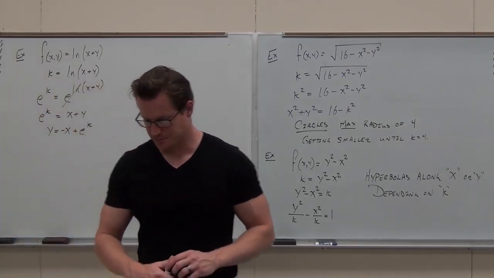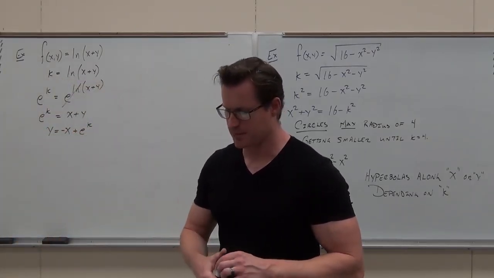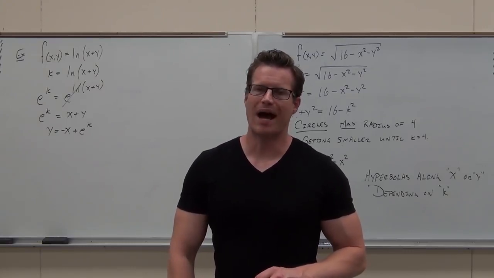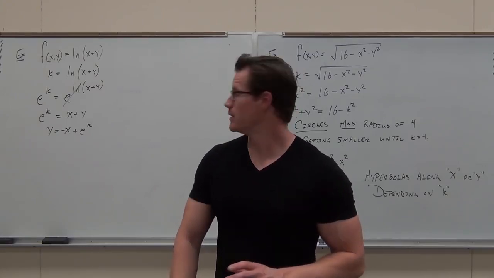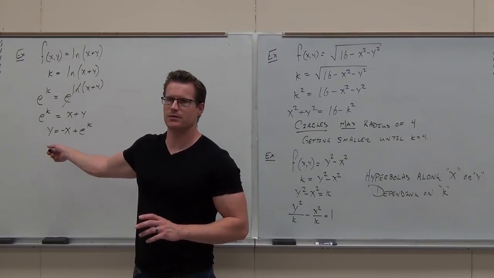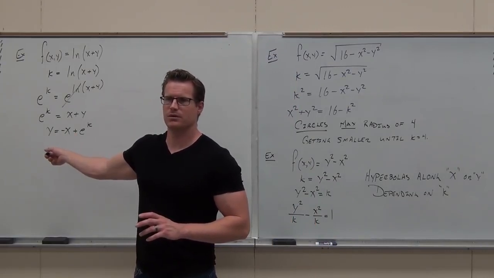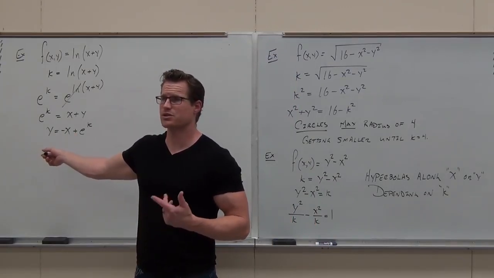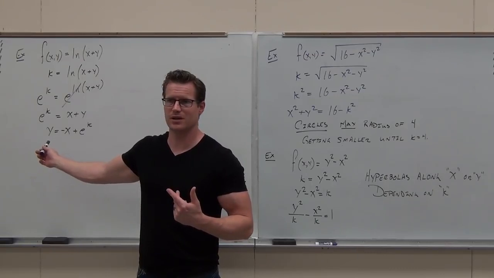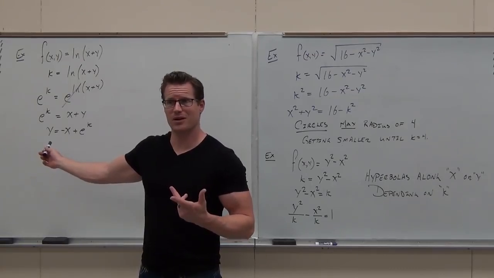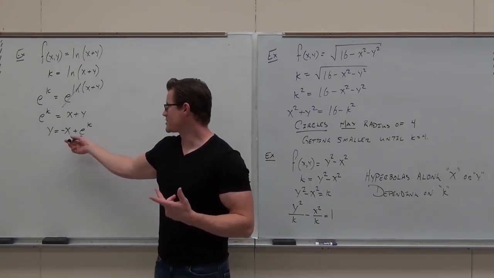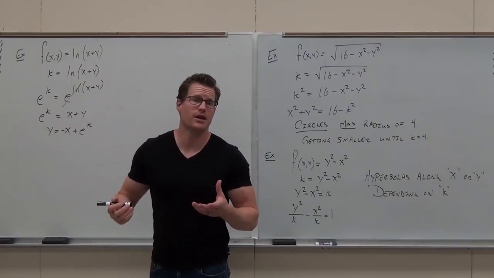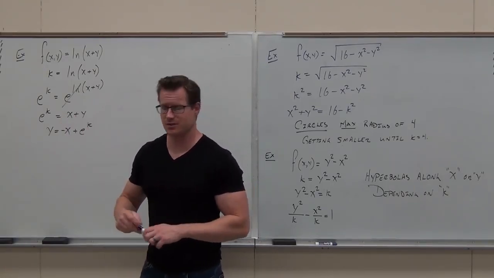Yeah, that's better. Negative x plus e to the k. This is going to be wacky here, but what are these? Do you know what those are? So lines. What's the slope of all of that? Those are lines, slope -1, with the y-intercept of e to the whatever the value of k is. These are just a series of lines.